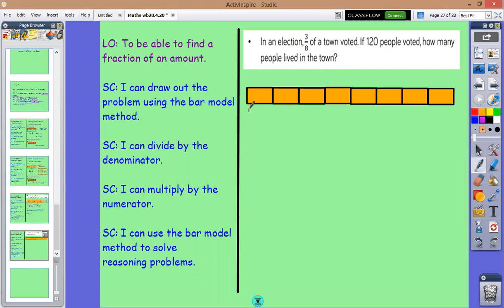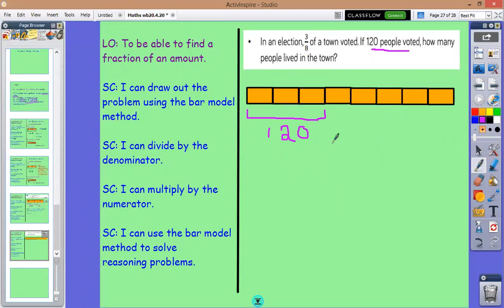So I'm just going to put here 3/8 voted, 1, 2, 3. Perfect. If 120 people voted, so there's 120 people that voted, that 120 equals 3/8, as you can see here.